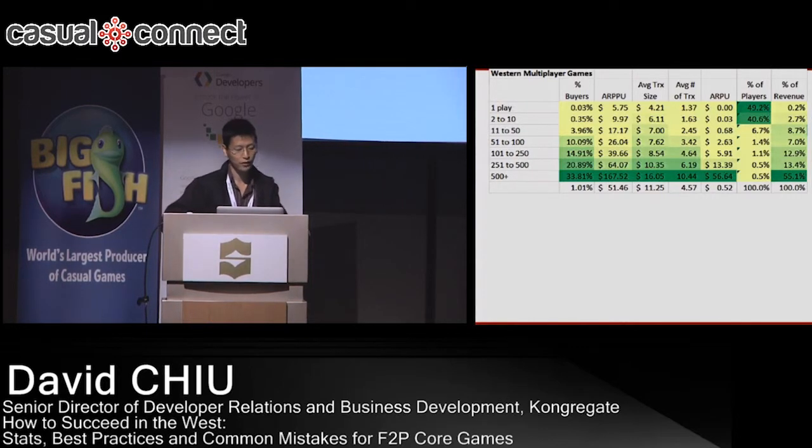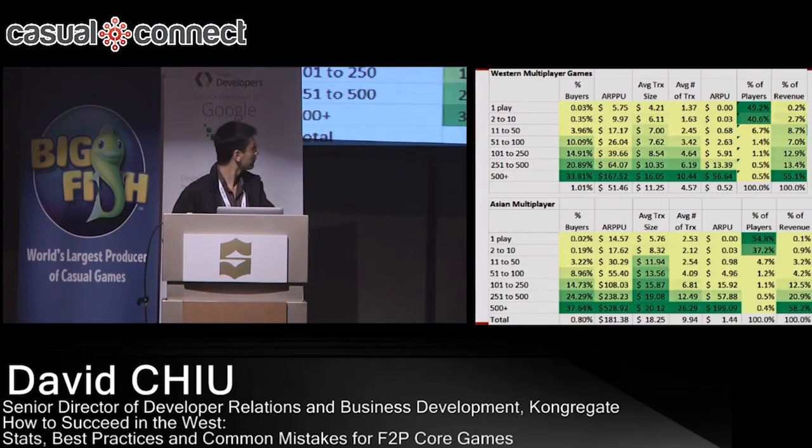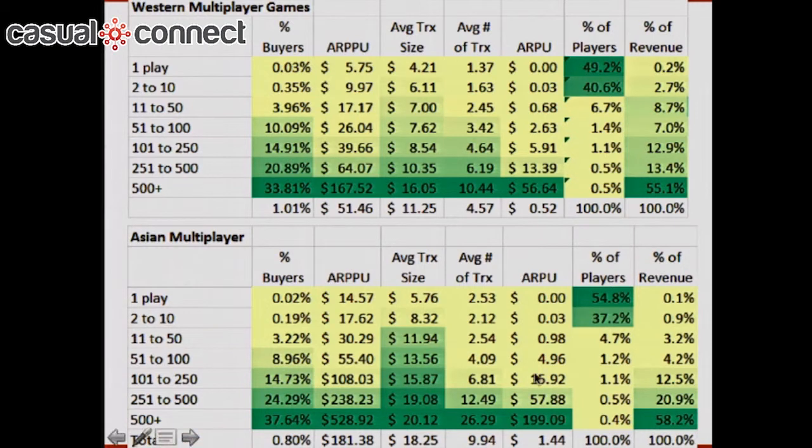You can see that a player in a Western multiplayer game spends on average about $167 if they've played the game 500 times or more. However, in an Asian multiplayer game, a player that's played the game 500 times or more has an ARPPU of $528. So they're spending a lot more.